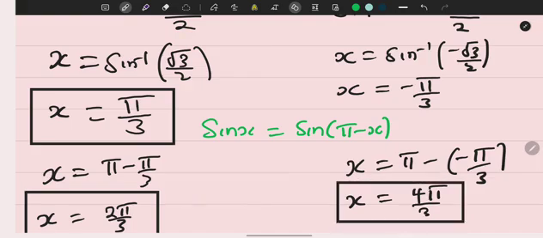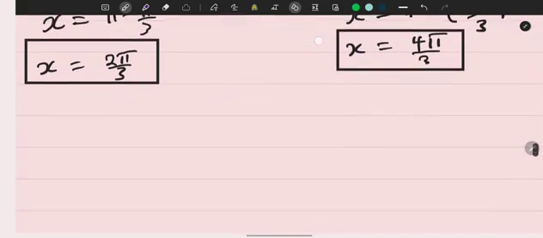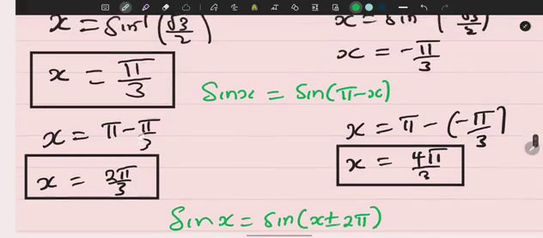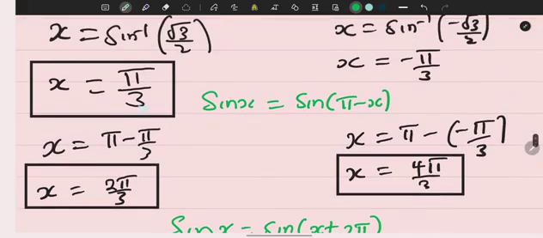Okay, so now the last thing to do is to apply the second property, where the property is sine x equals sine of x plus or minus 2 pi. Okay, and don't forget the x that we obtained in the first side here is pi over 3.